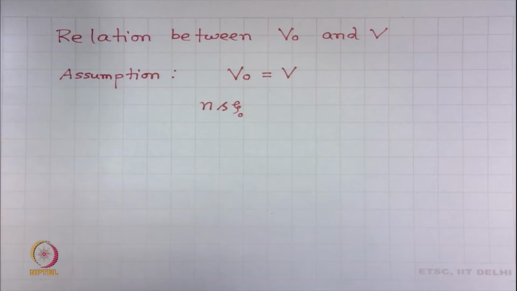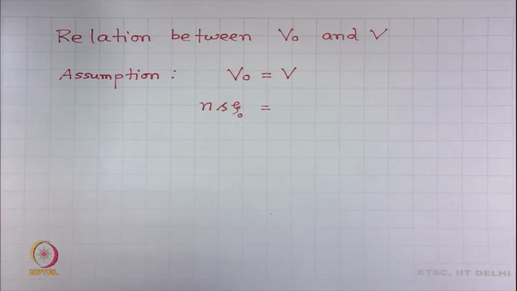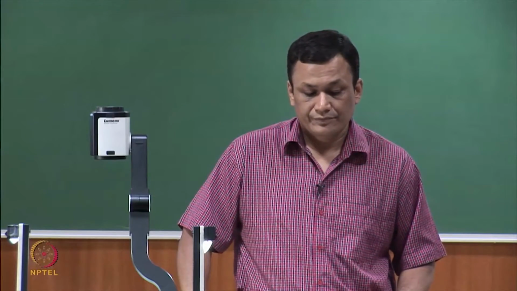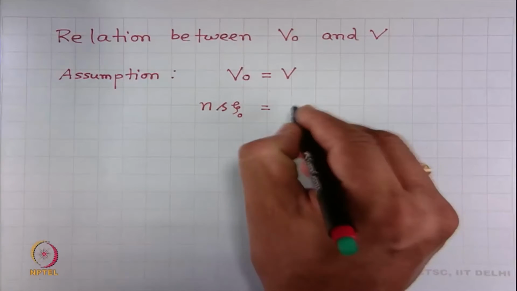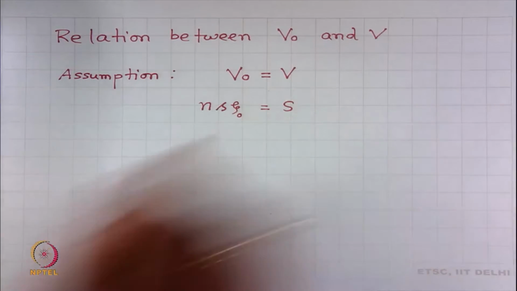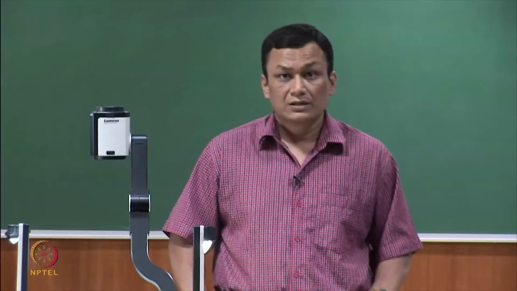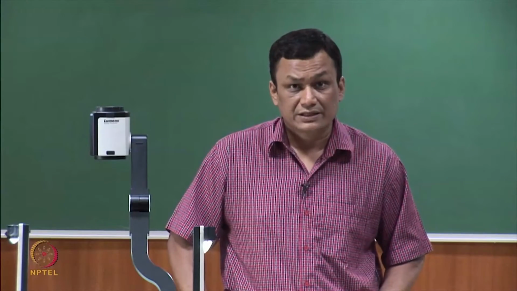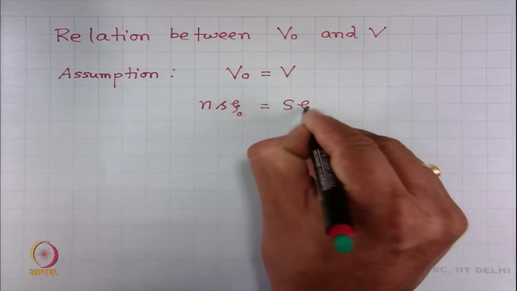And what is V? V is the volume of fibers in the twisted yarn. They are not parallel, right. So, if they are not parallel, then that is the total substance cross sectional area, capital S, into length. What is length? Zeta.